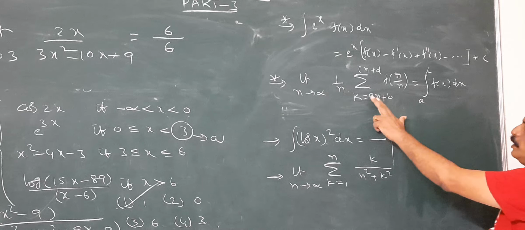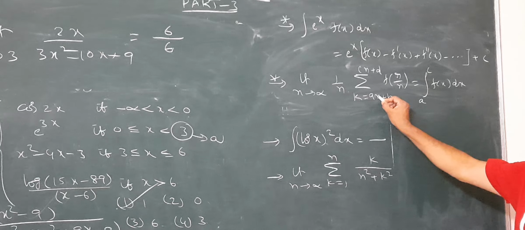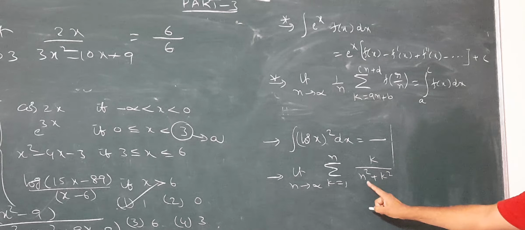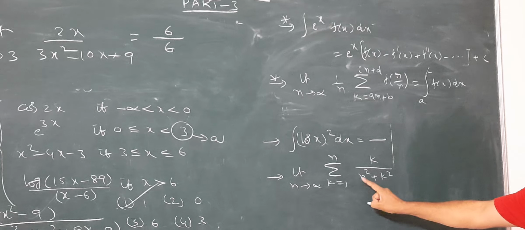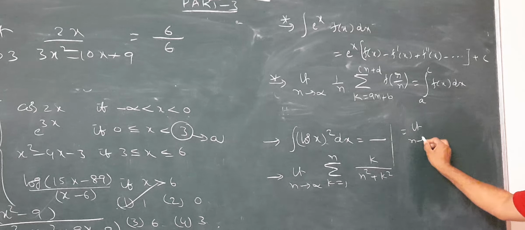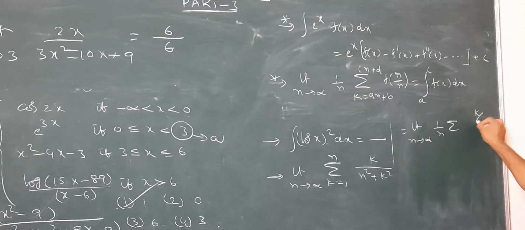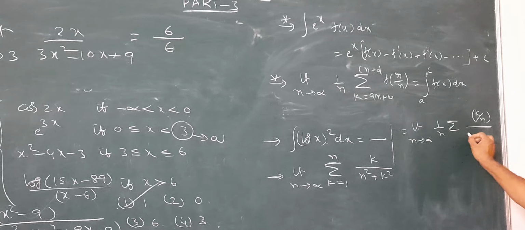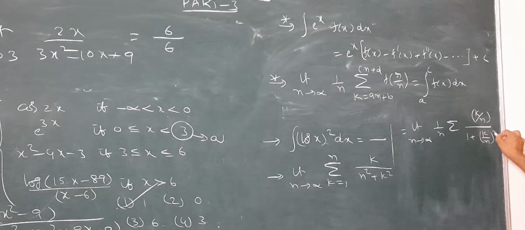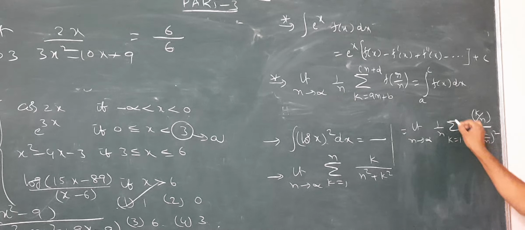Sometimes the constant is taken with n coefficient. Taking n common, n square common here, it becomes limit n tends to infinity 1 by n sigma (k by n) by (1 plus (k by n) whole square), k equal to 1 to n.